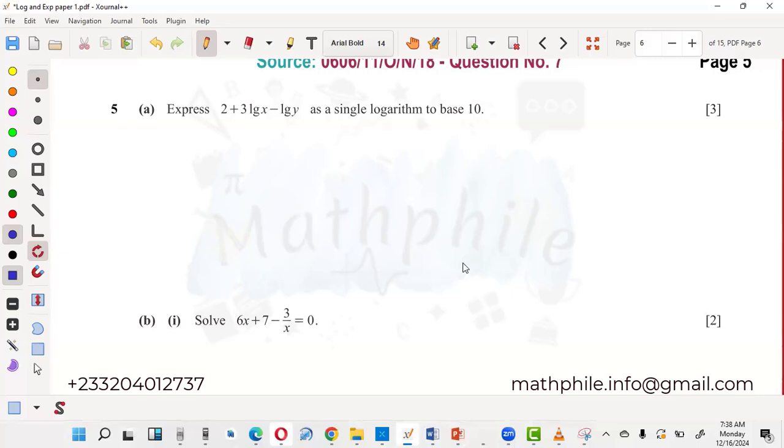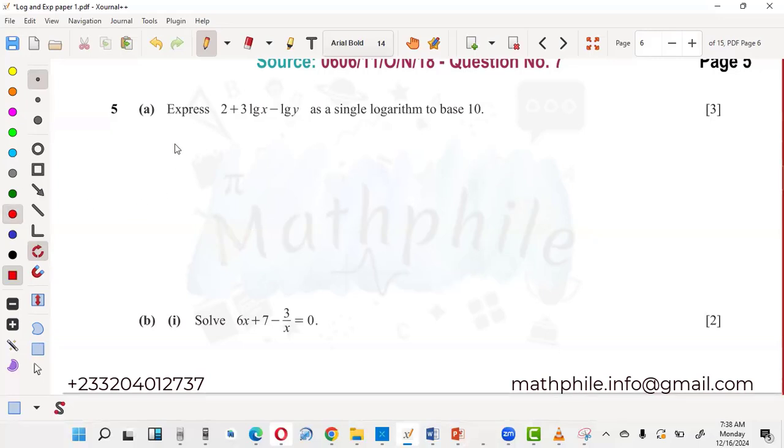We're told to write it as a single logarithm. I made a mistake. So the answer is log 100 x cube over y.